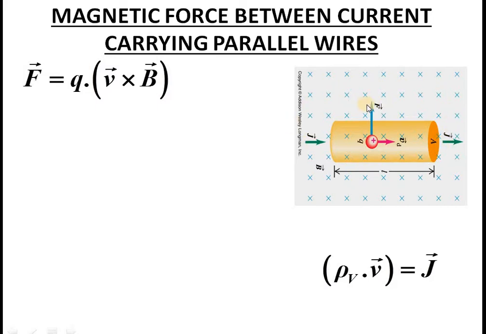Let the magnetic field be B. There are millions of charges in a wire piece. If you take a single charge, the force experienced by that single charge will be given by q times v cross B. Now assume the entire piece is of cylindrical shape.